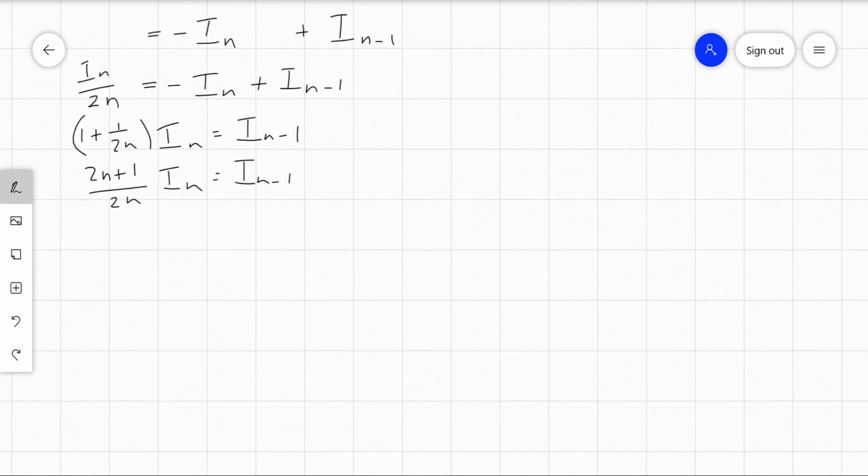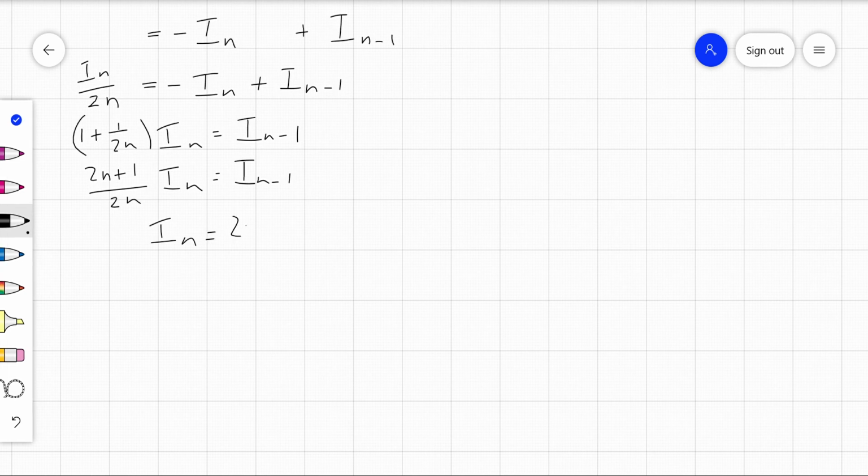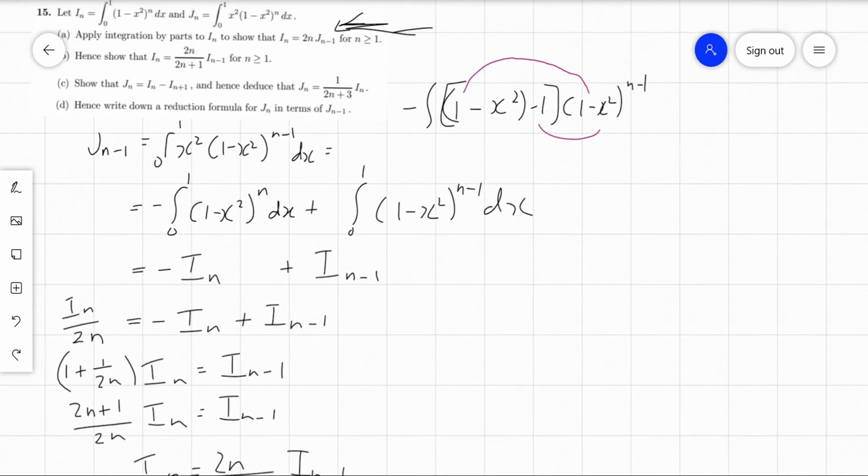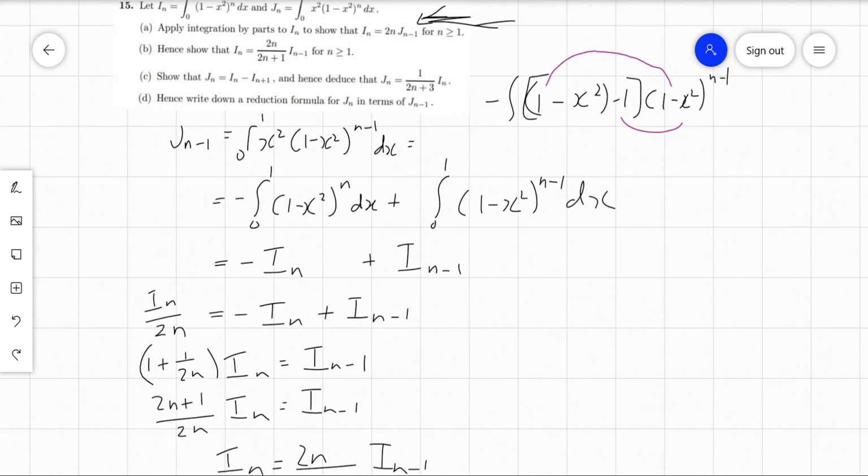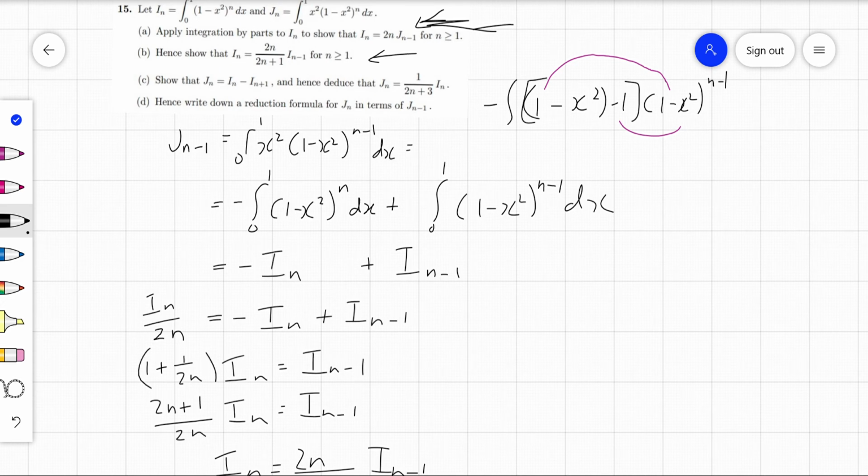Then In will equal 2n on 2n plus 1, In minus 1. So let's just check, is that what we wanted? Yep, there we go. So now we've shown that In is 2n on 2n plus 1, In minus 1.